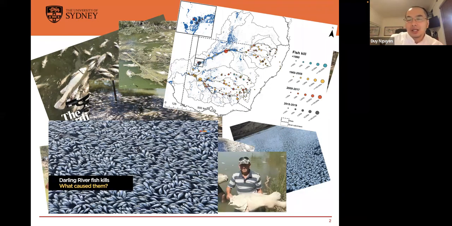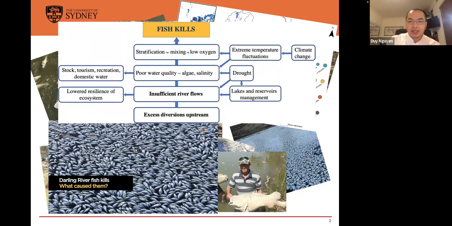It turned out that during all of that period, there were several reports saying that there was an event of algae blooming. And people found out that it is because of the change in temperature, the temperature fluctuation, combined with the poor management of the river, which led to an insufficient river flow that led to something called thermal stratification, or stratification happening in the river.